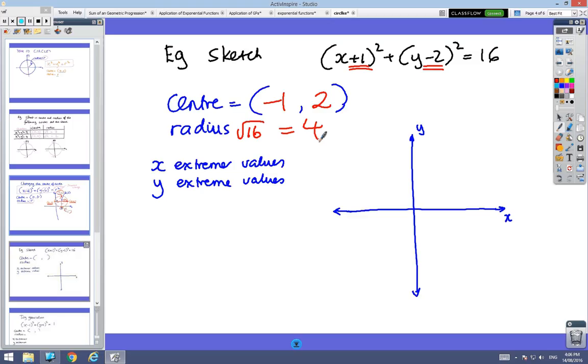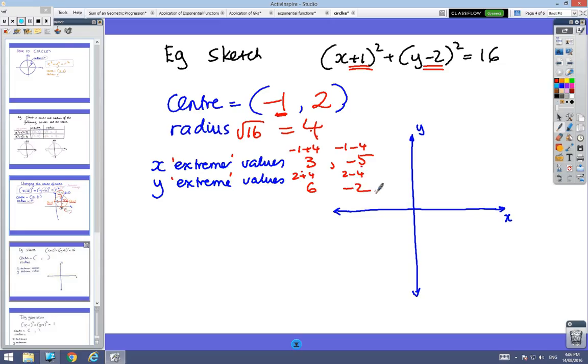So how do you get the side values? I'm going to call them the extreme values. We take the x number: minus 1 plus 4 equals 3, minus 1 minus 4 equals minus 5. So x is going to go from 3 to minus 5, and the y values will be 2 plus 4, which is 6, and 2 minus 4, which is minus 2.